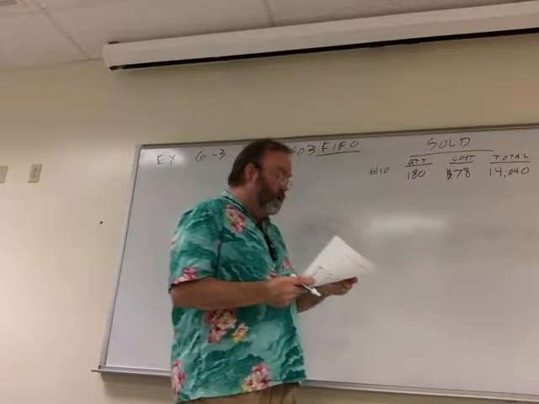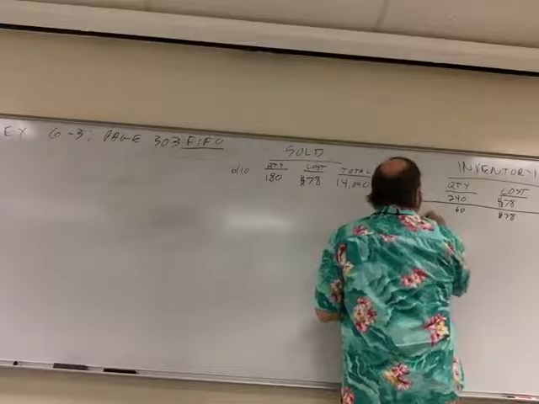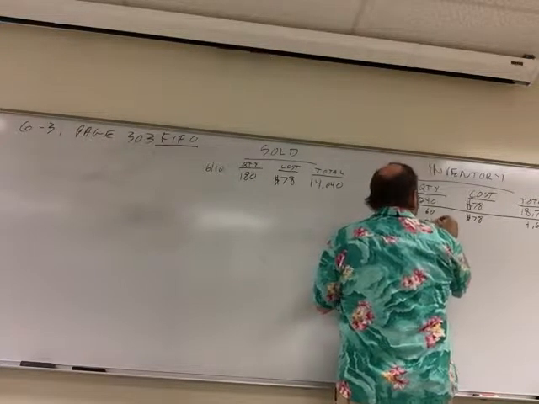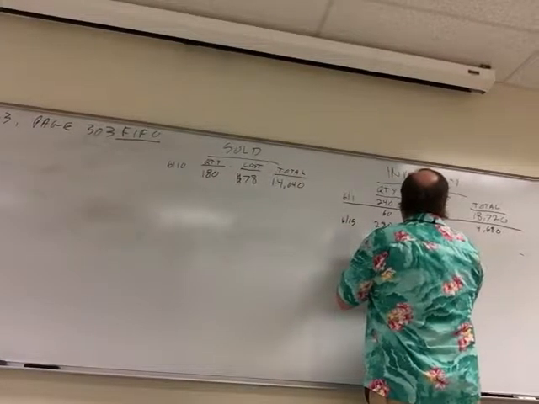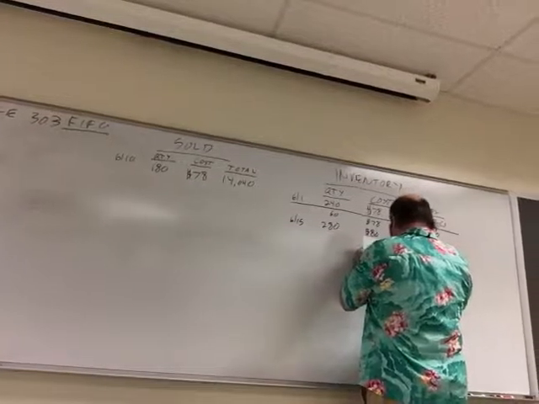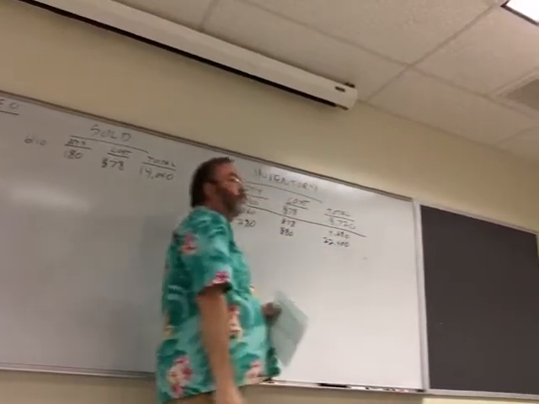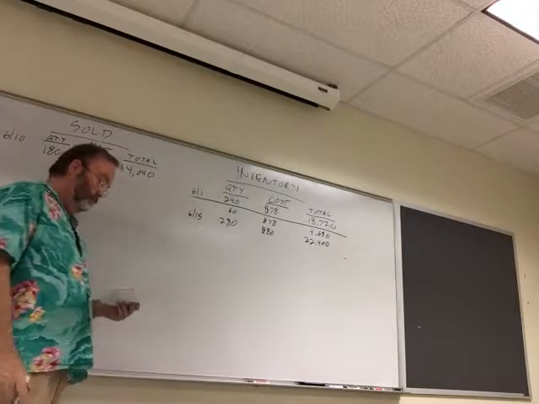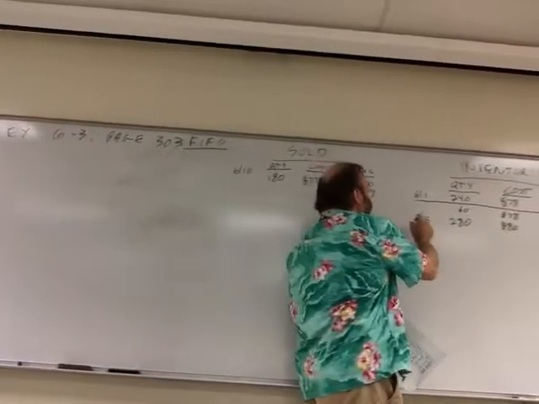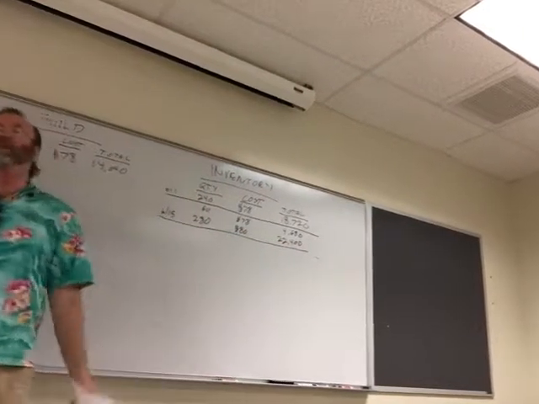We then, on the 15th of June, buy some more inventory. We buy 280 units at now $80 a piece for a total of $22,400. That's what we have in inventory.